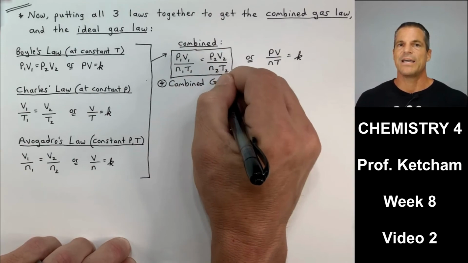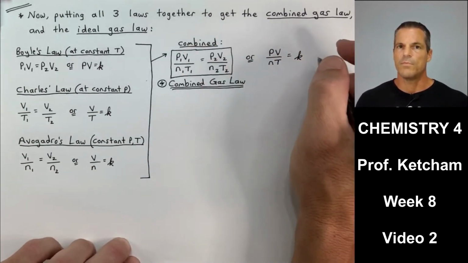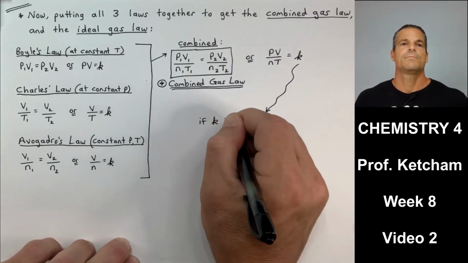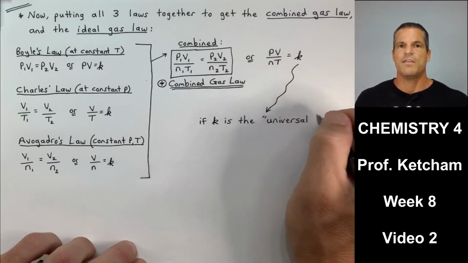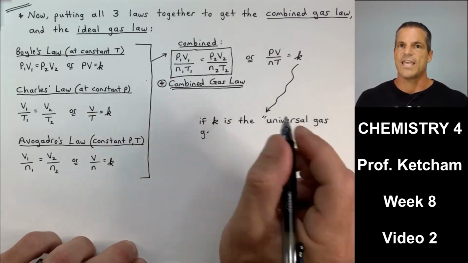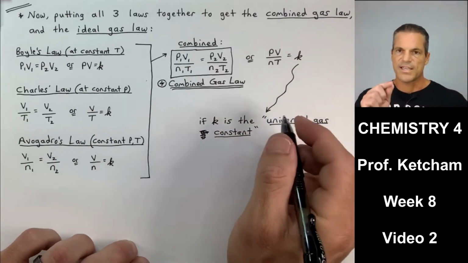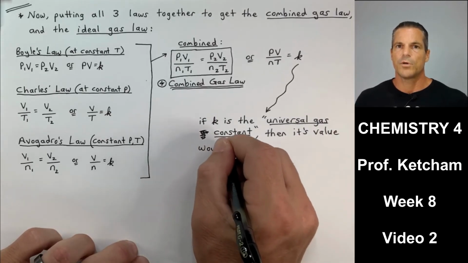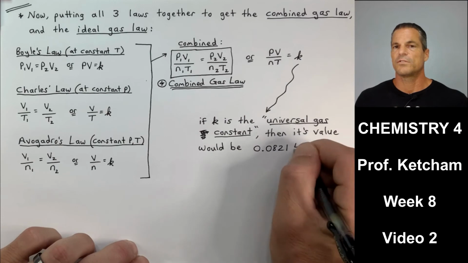This is my combined gas law, and I've put a box around the one that we use the most when we're asked problems in chemistry to solve for. So it says on the right hand side, the one that's not boxed, PV over NT equals K, some constant K. Well, I say, hey, I'm going to make K equal to 0.0821 liter atmospheres per Kelvin per mole, which I'm writing down right now. That is the universal gas constant.